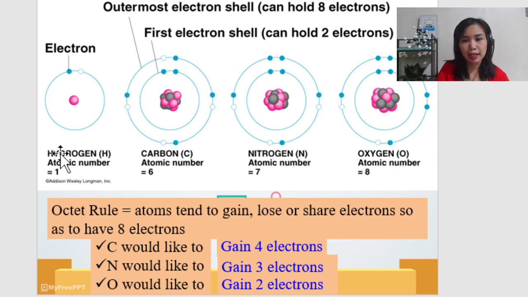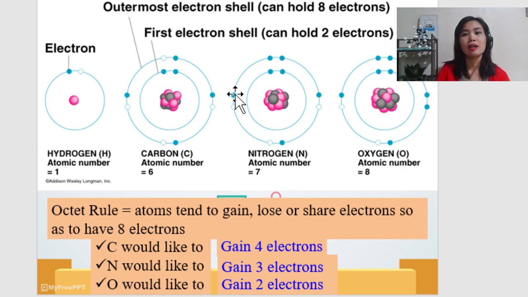In hydrogen, you can observe the outermost electron of hydrogen is composed of 1, right? In carbon, it has 6 electrons, but try to check the number of outermost electrons: 1, 2, 3, 4. While nitrogen, the seventh element of the periodic table, meron siyang 7 electrons, but ang kaniyang outermost electron is what? 1, 2, 3, 4, 5.